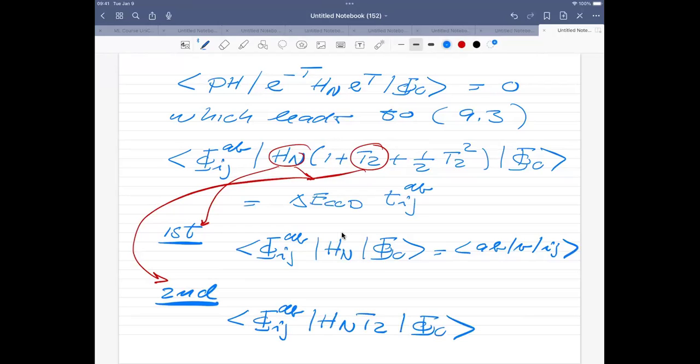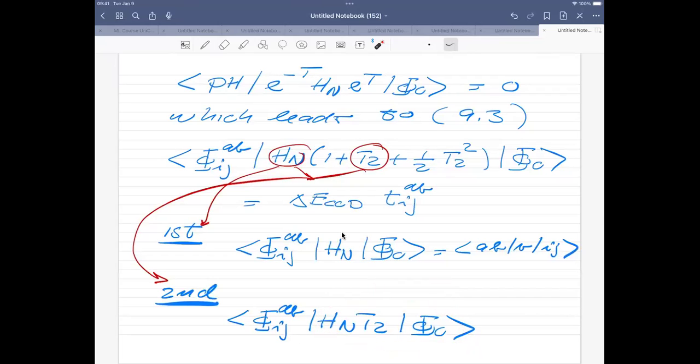So what happens is that T2 is going to produce a two-particle two-hole excitation. When I multiply H_N with that one, I must stay with a two-particle two-hole excitation, because that's the only thing H_N T2 acting on phi 0 can produce.